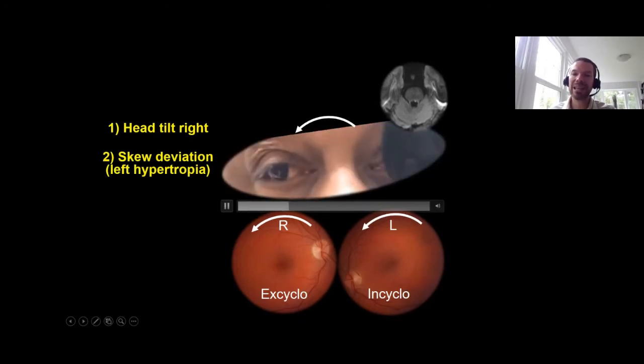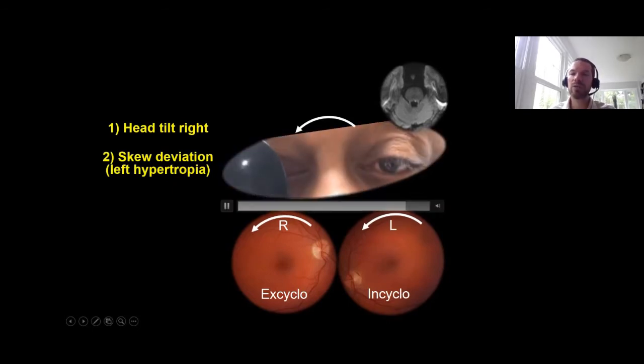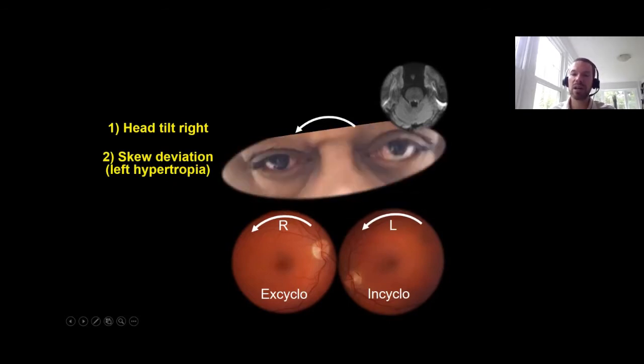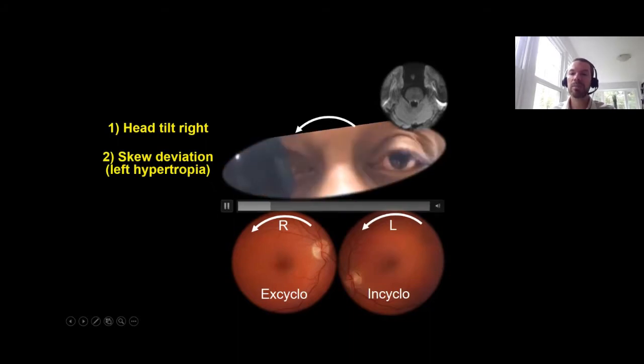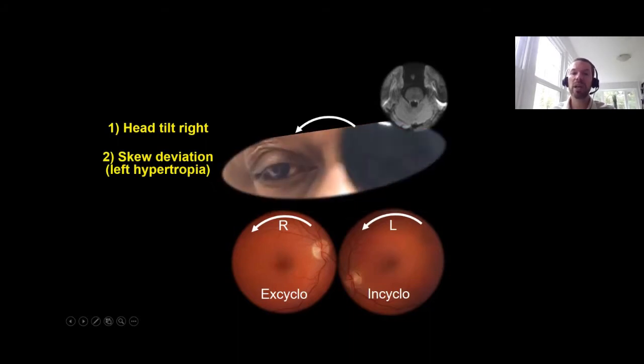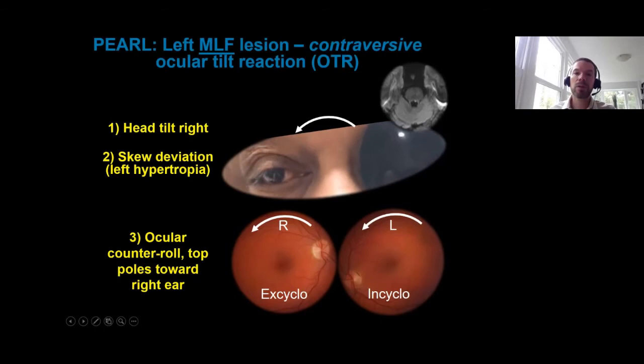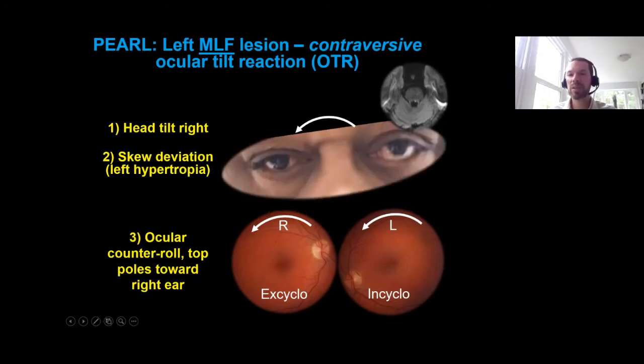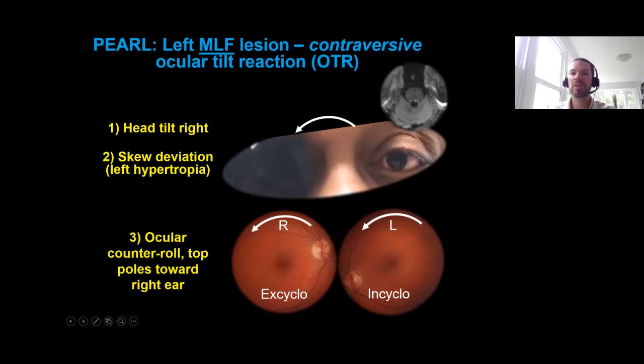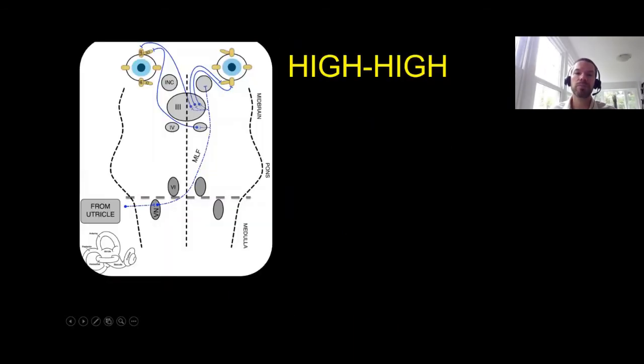So we see that left eye come way down, and the head tilt is away from the lesion to the right side, and the ocular counter roll is in the same direction as the head tilt, again away from the lesion. So this is a contraversive ocular tilt reaction because all of the tilting, all of the rolling occurs away from the lesion, away from the left MLF lesion.